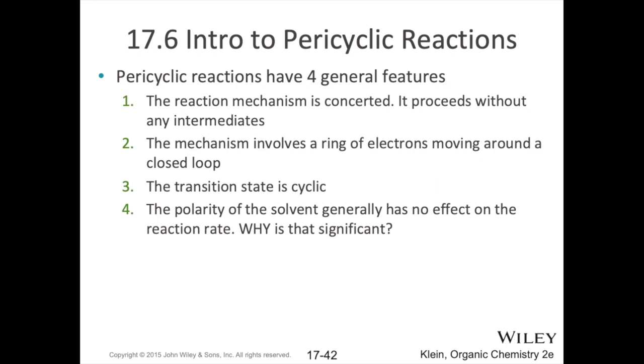So the fact that a polar solvent doesn't have any effect here tells you that there aren't any charged intermediates. You're not using any carbocation or carbanion. Since you're not dealing with any intermediates here, it's just through one transition state. That transition state doesn't involve any cations or anions, or is generally not charged.